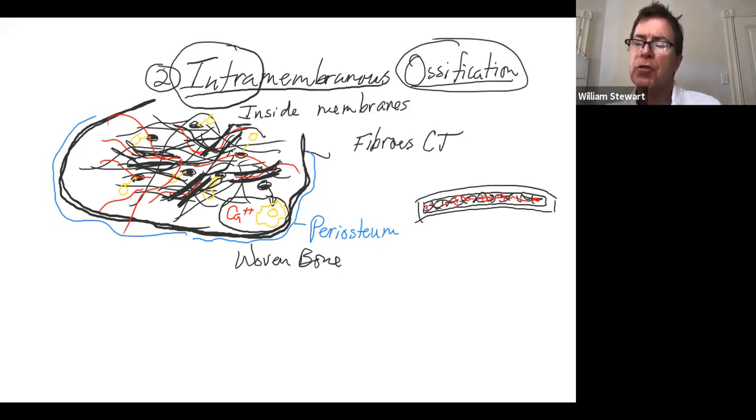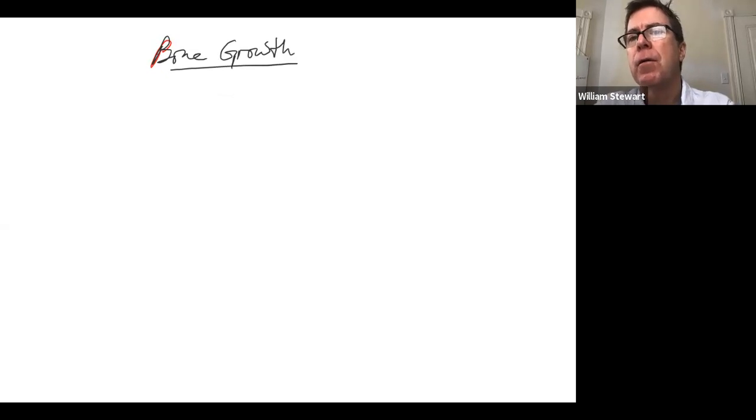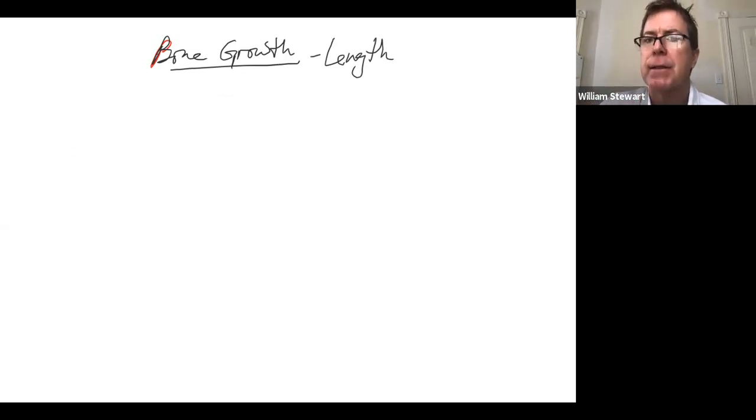All right, so those are the two embryonic forms of ossification. I need to now touch on bone growth. Oh, let me go to my black pen. First, we're going to talk about long bones in length, how they grow, how they get longer. So we've all heard of growth plates in young children, and that's what this is going to address.